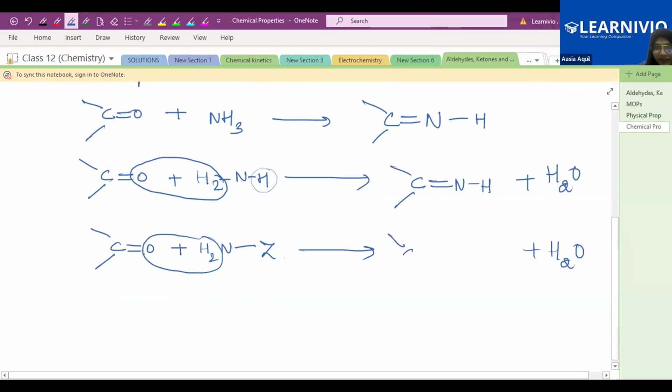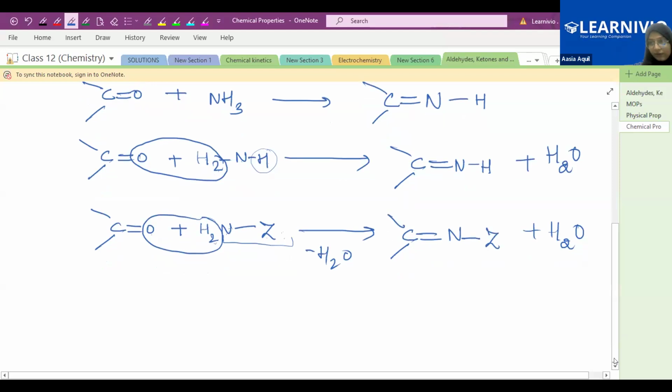Now this carbon double bond combines with the remaining fragment of the ammonia derivative, this N and Z, via a double bond. So basically it will form a substituted imine, carbon double bond nitrogen, and what is attached to the nitrogen? This is Z. So this will be your product.